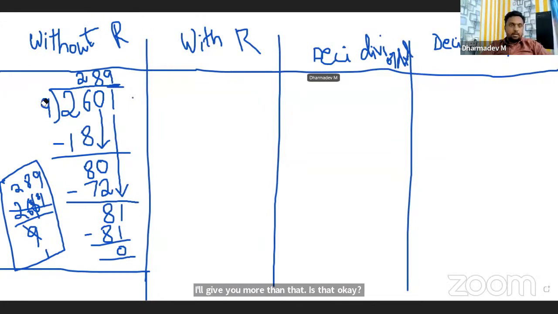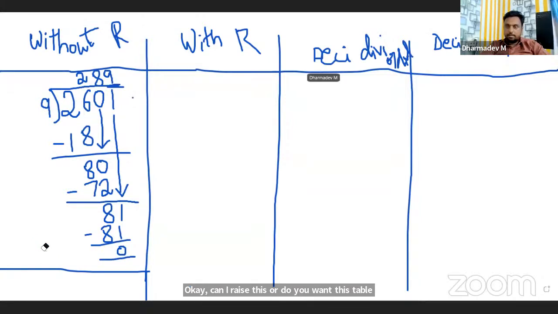Okay. Can I erase this? Or do you want these tables, or shall I erase it? Okay, fine. Thank you. I'm erasing it.